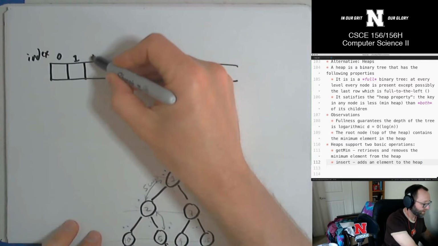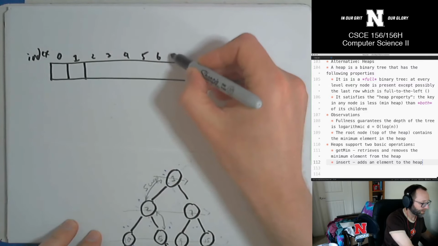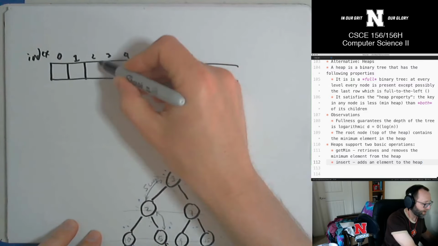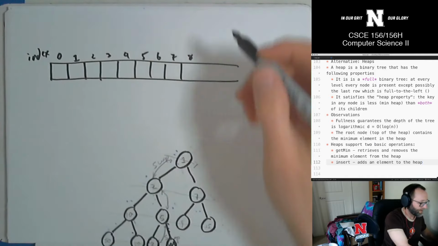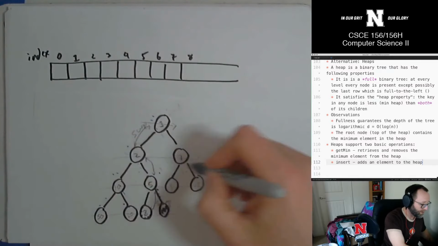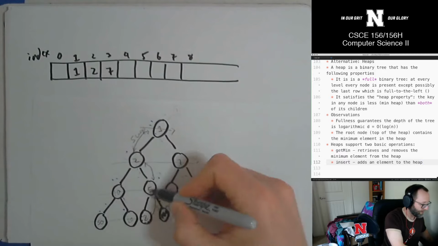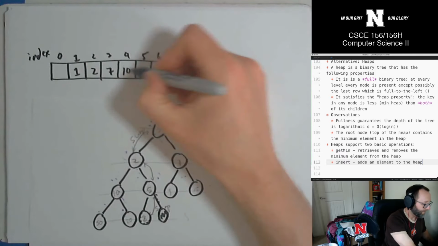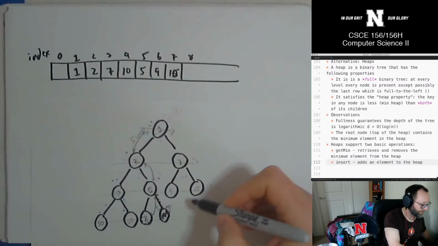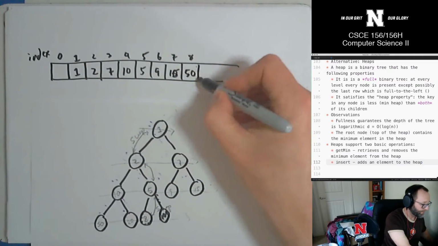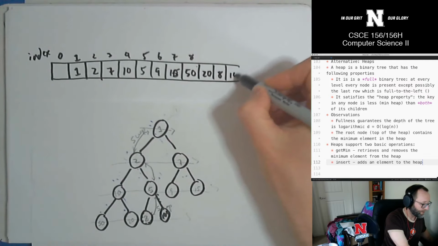So 1, 2, 3, 4, 5, 6, 7, 8. I don't know how many things I put in. We might need more room here. But here's the BFS traversal. 1, 2, 7, 10, 5, 9, 15, 50, 20, 8, and 100.